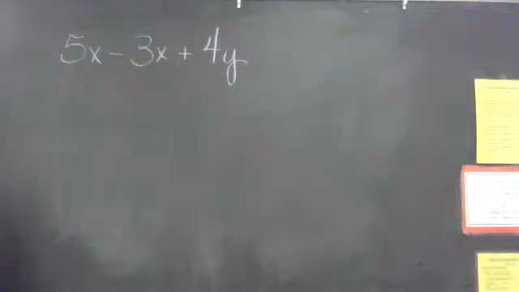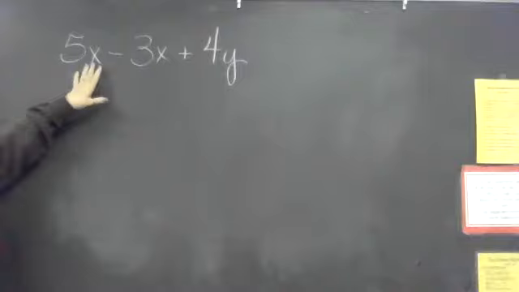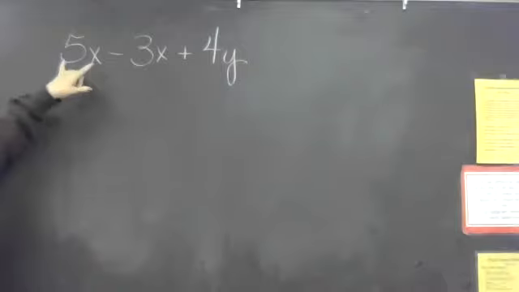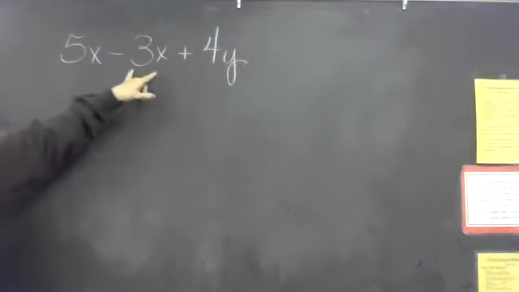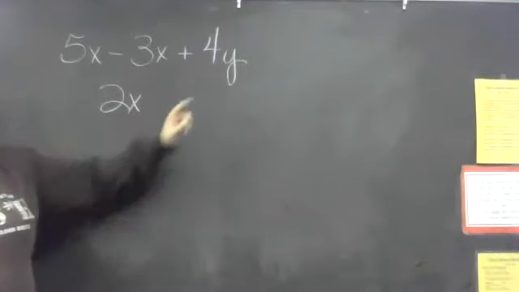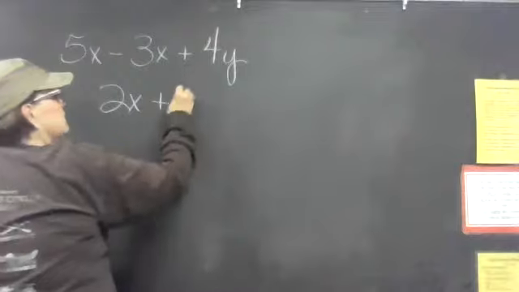We said that if you have like terms, these are all X's, then you can combine those, right? You can put them in one big pile. So you have 5 X's minus 3 X's is just 2 X's, right? But it cannot be combined with Y's. So the Y has to be added separate.